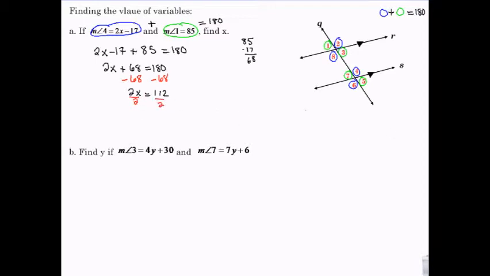Divide both sides by 2, and x is going to be 56. And that's all I had to find was x. I wasn't told to find the angle, I was just told to find x.